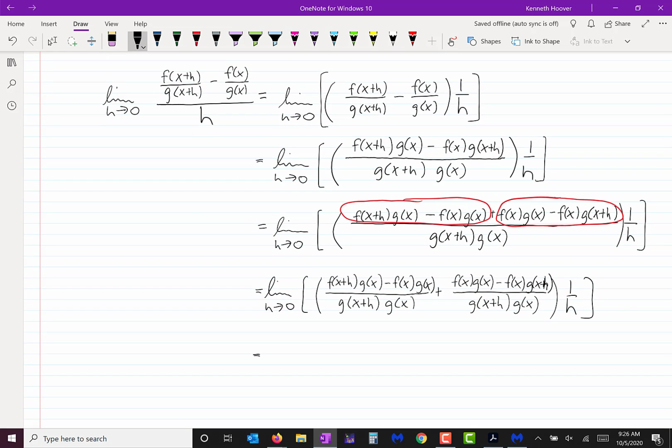Watch what we can do. Okay, in that first fraction, do you see that on the top, both terms have a g of x? So I can factor that out. And what will that do? It will cancel out with the g of x on the bottom. Do you see that?